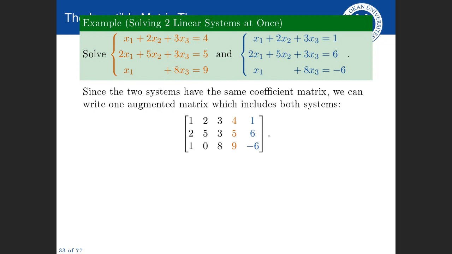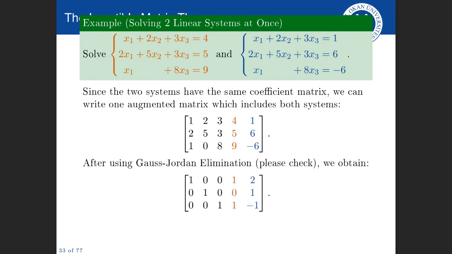That means we can write down an augmented matrix which includes all of the information. If we imagine crossing out or forgetting about the blue numbers, we have an augmented matrix for the left linear system. Or if we forget about the orange numbers, then we have an augmented matrix for the right system. If we use Gauss-Jordan elimination, and as always, I ask you to check this calculation for me, then we get this.